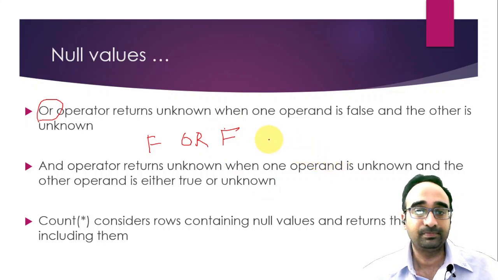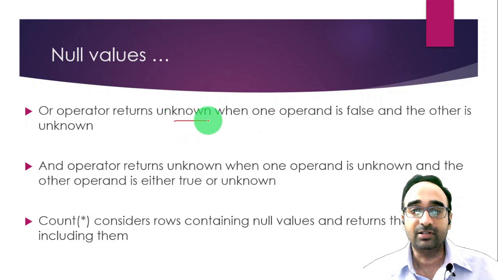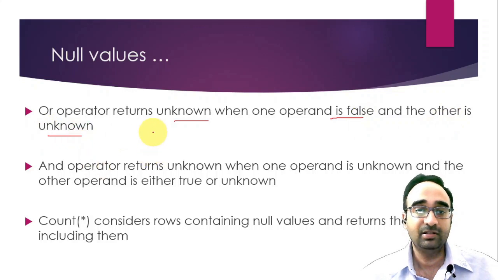So we will take this case. If you see, the OR operator is going to return null when one of the operands is false and the other is null.